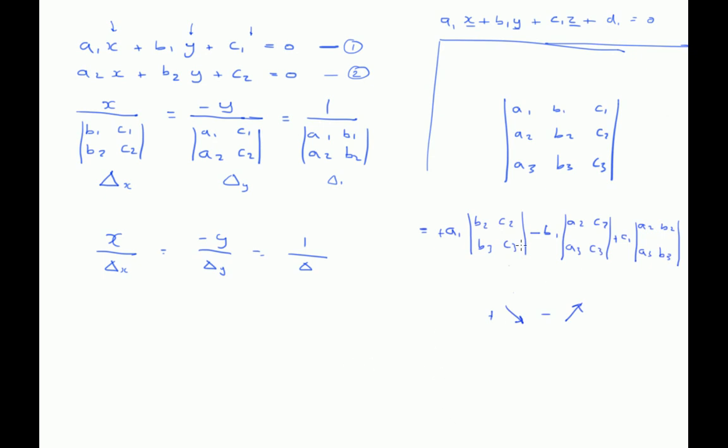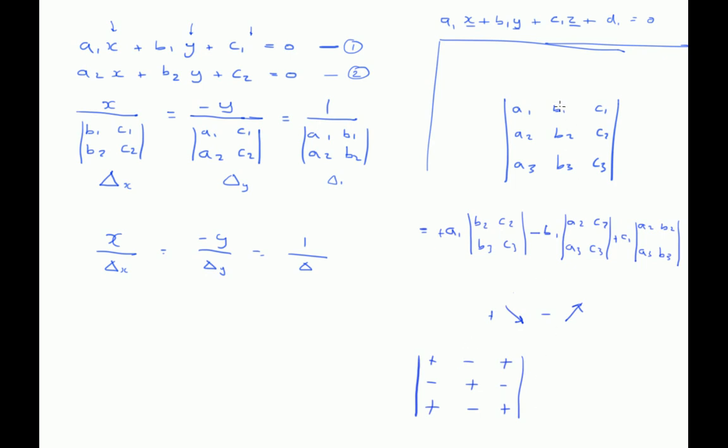And we could in fact expand that determinant along any row or column, as long as we remember that the sign alternates: plus minus plus, minus plus minus, plus minus plus for that third order determinant.